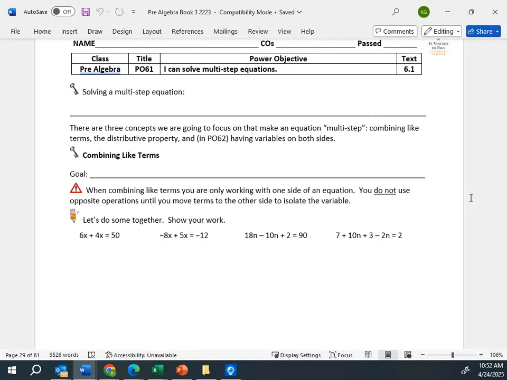Step by step, when you know your steps, you can break it down and make it easier. But if you resist and say, I'm solving it my way, I'm doing it how I want to because I'm getting the right answer, I'm not going to accept it on the test because I'm looking out for the future for you. I know what's coming.